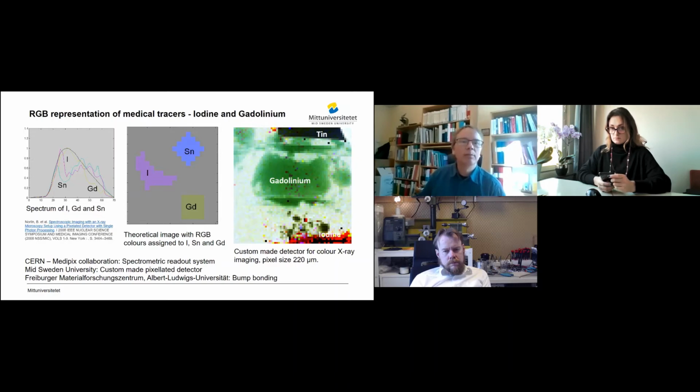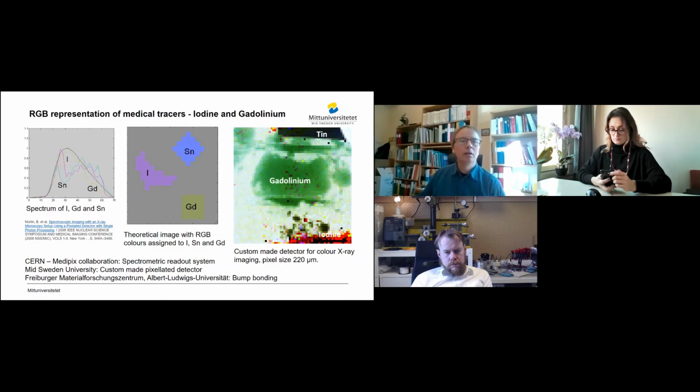Iodine and gadolinium are common tracers, and then tin, soldering tin, which you usually can find in an X-ray lab or an electronics lab. I took some of that also, even if that's usually not a medical tracer, and looked at a theoretical image of what we actually could make here, and what it should be with this X-ray source.